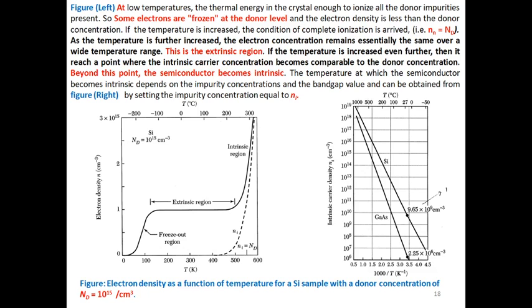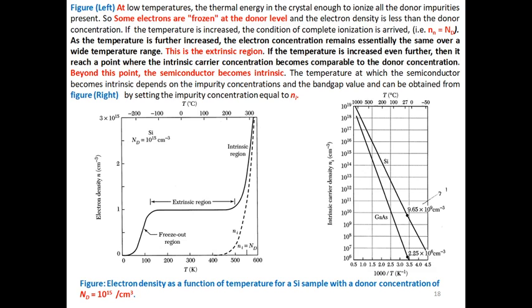And if we increase the temperature further, from 450 Kelvin and above, the region from 100 to 450 is a doped region, that is an n-type semiconductor, the extrinsic semiconductor region, so we call it the extrinsic region.